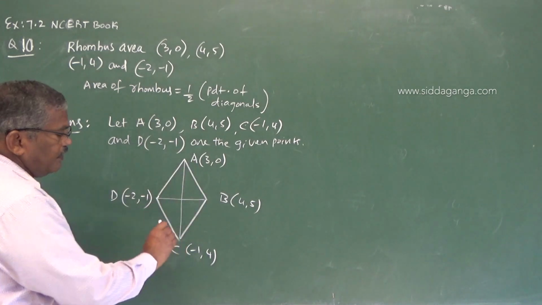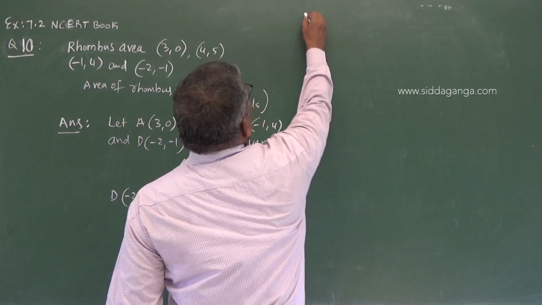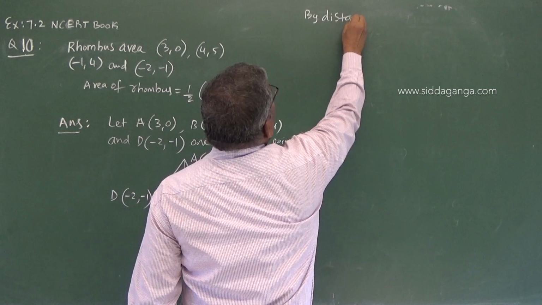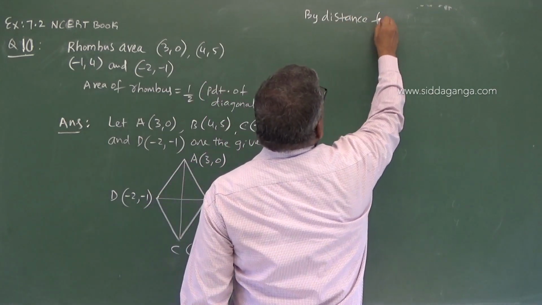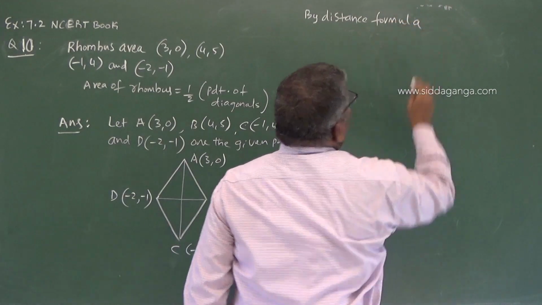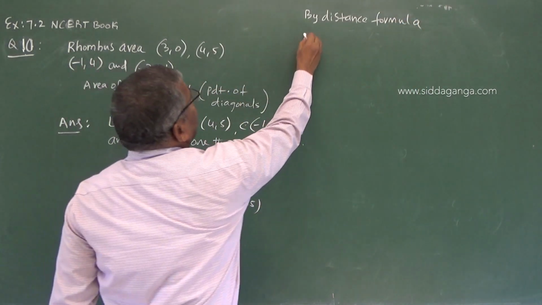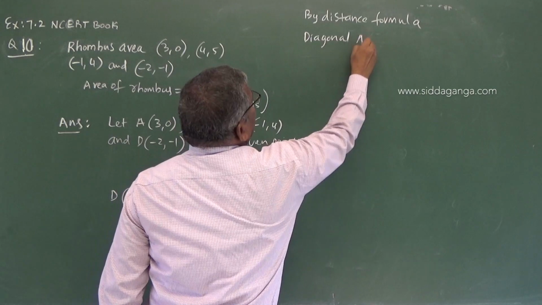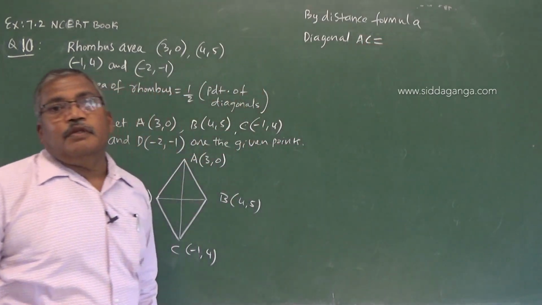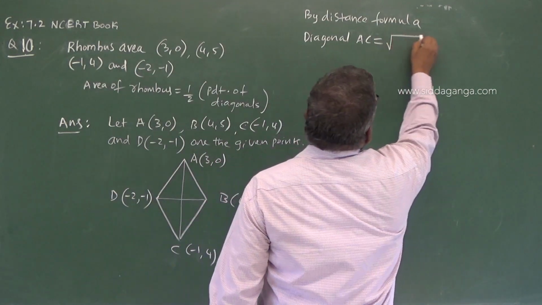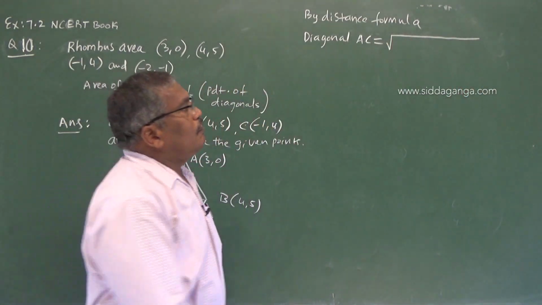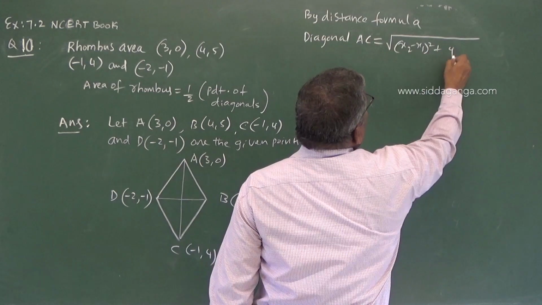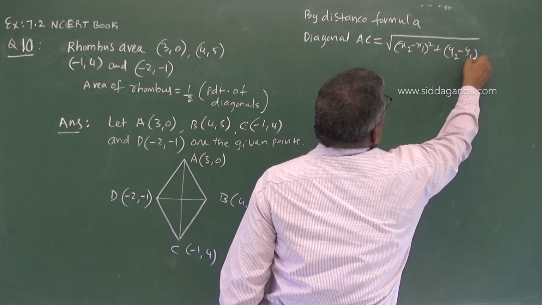By distance formula, diagonal AC will be equal to, you know the distance formula, square root of (x2 minus x1) whole square plus (y2 minus y1) whole square.